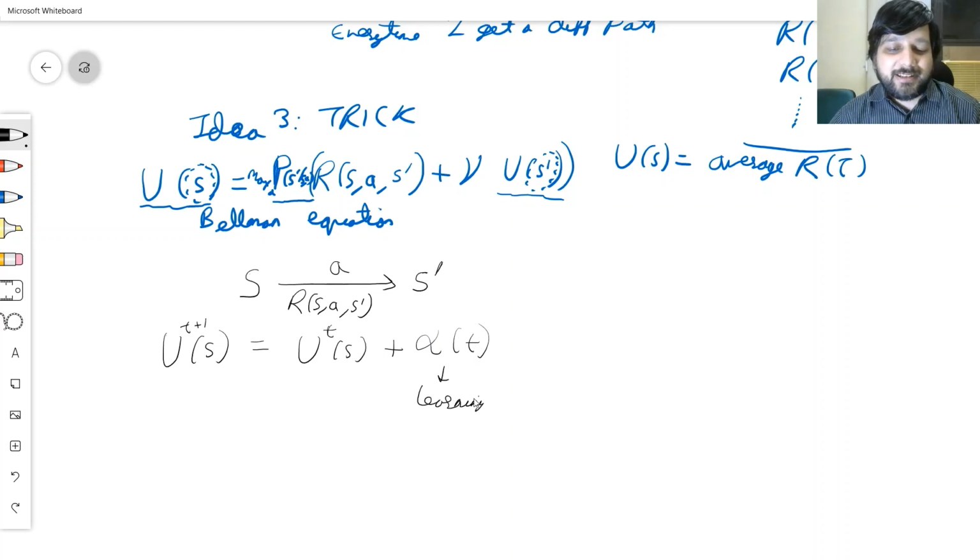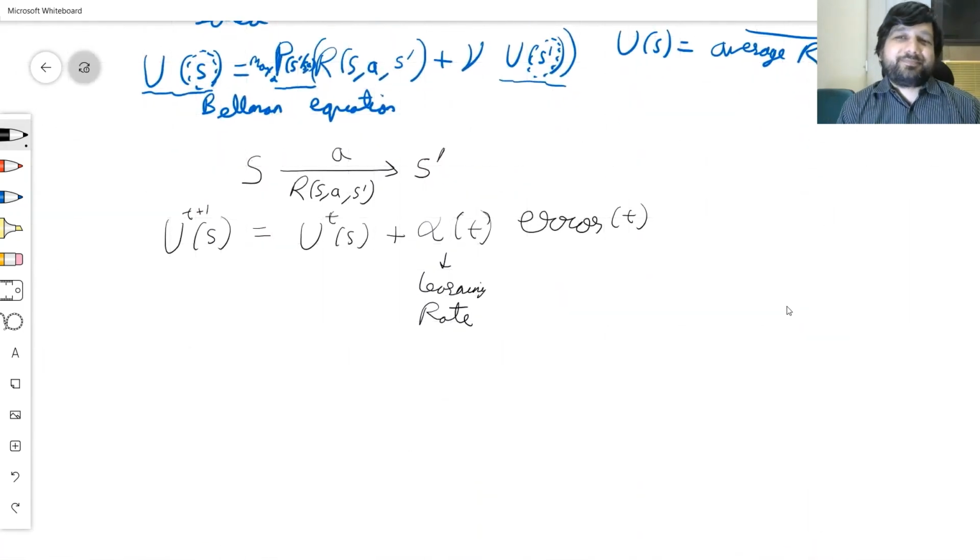That's your learning rate, covered in the other course. So that's the thing that I'll use for learning. I'll get a new estimate based on the old estimate plus the error that I see. So I look at some error and I make some corrections because of that in my model.